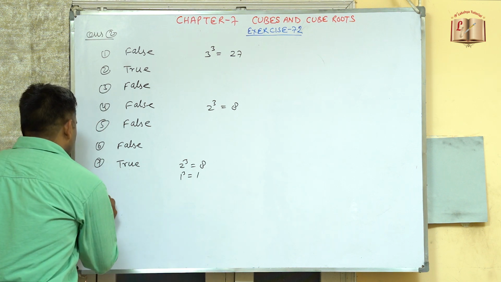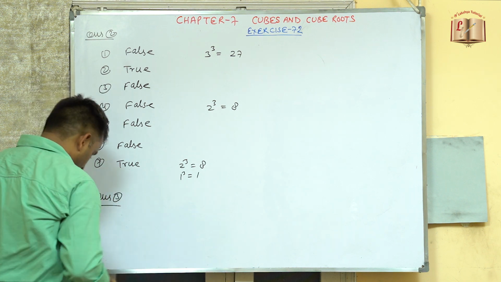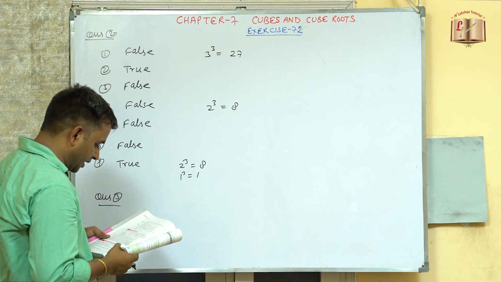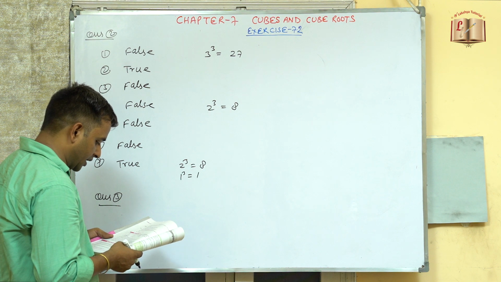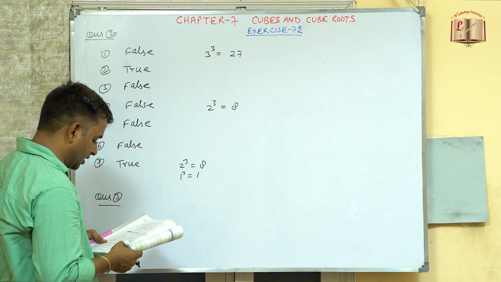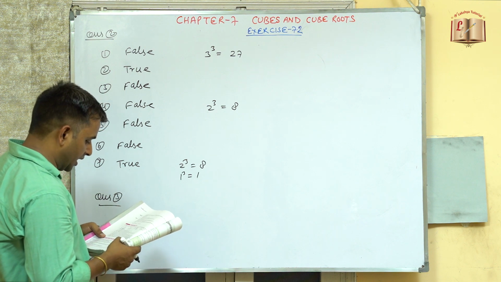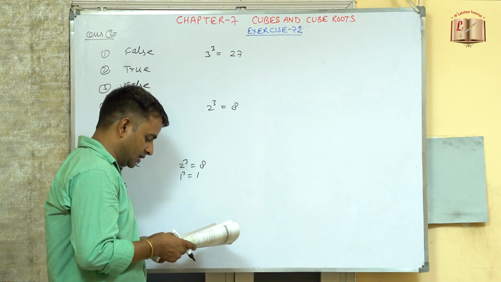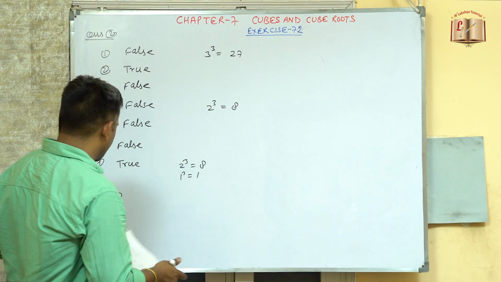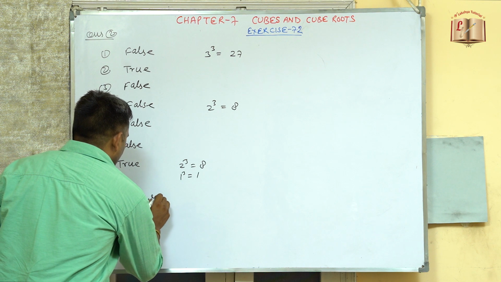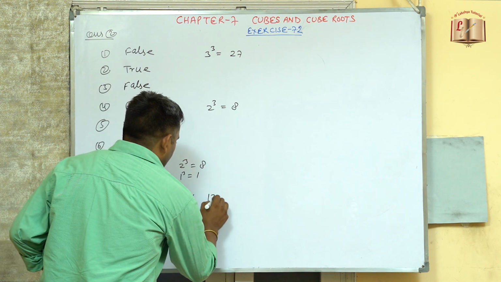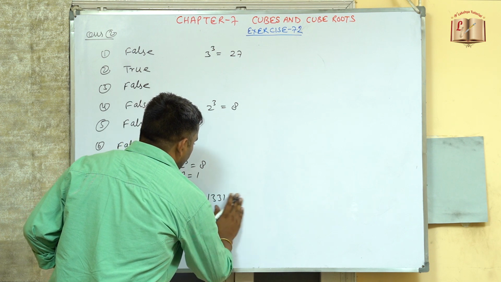Now coming to question number 3. You are told that 1331 is a perfect cube. Can you guess without factorization what its cube root is? Similarly, guess the cube roots for 4913 and the others. The cube root of 1331 is 11.